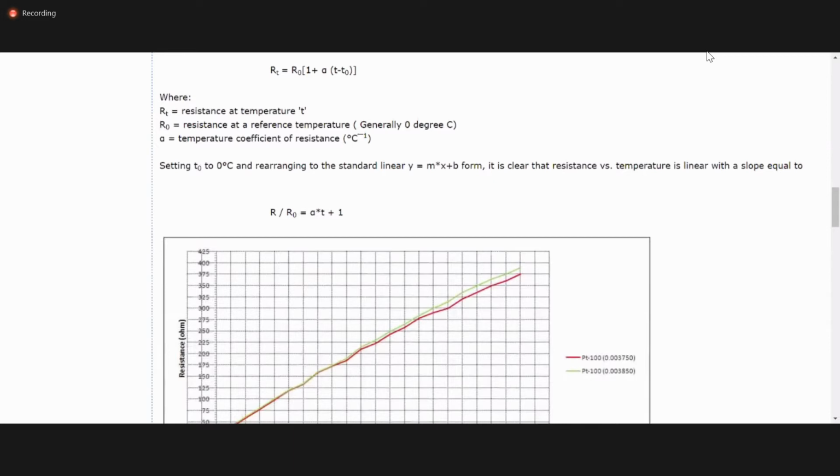Sorry, 37. Right. So what is alpha? Temperature coefficient of resistance. Right. What did you understand about this temperature coefficient of resistance?